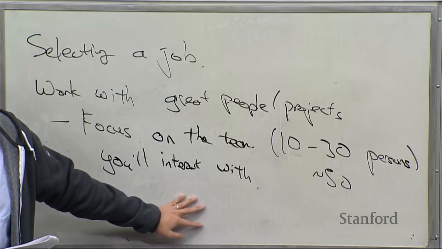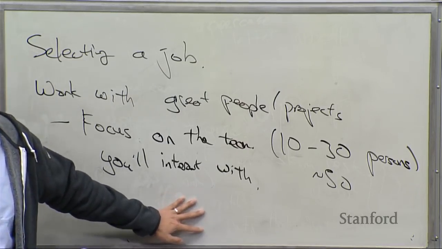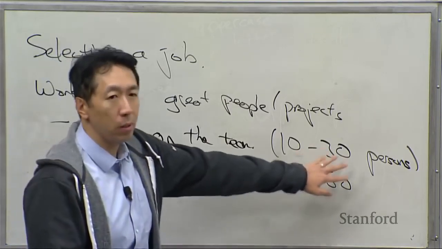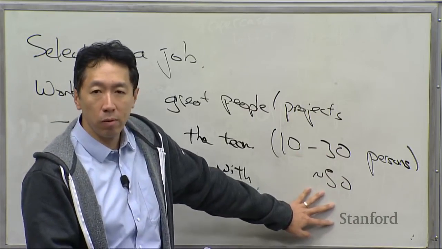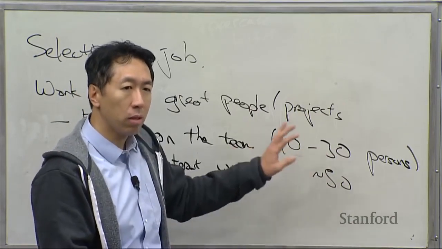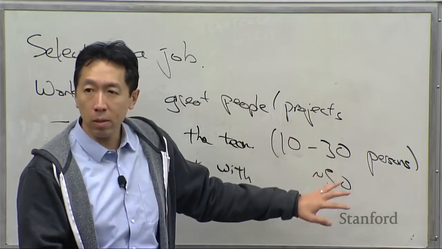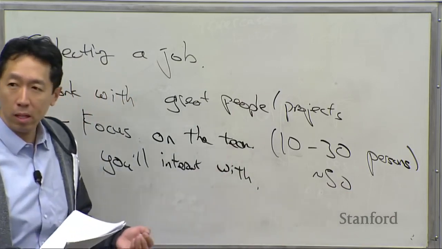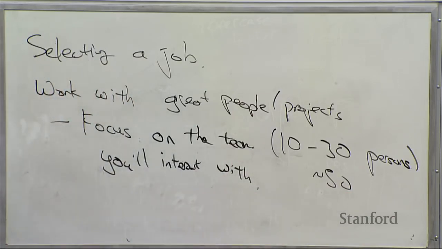If you join a company with 10,000 people, you will not interact with all 10,000. There will be a core of 10 or 30 or 50 people you interact with the most. How much they know, how much they can teach you, how hardworking they are, whether they're learning themselves, that will influence you the most, rather than all those other hypothetical 10,000 people in a giant company.